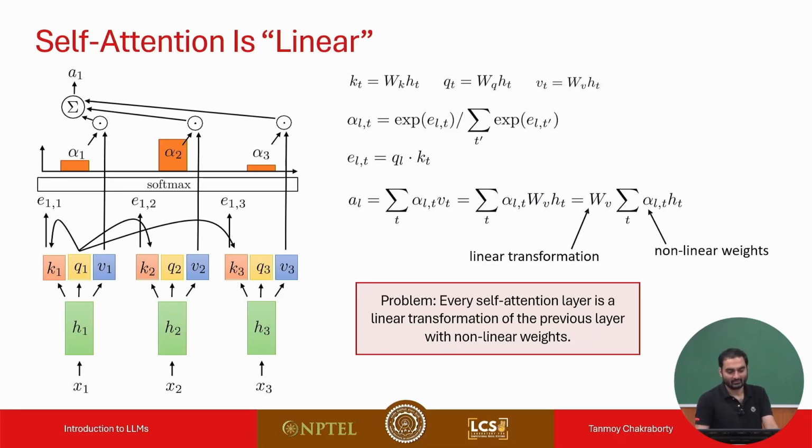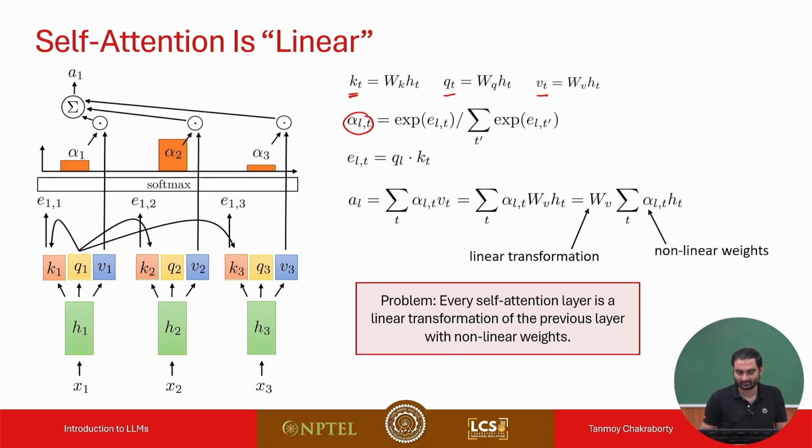We'll show this using one attention head, with WQ, WK, WV. Let's say this is my query, key and value: QT, KT and VT. And what is alpha LT?